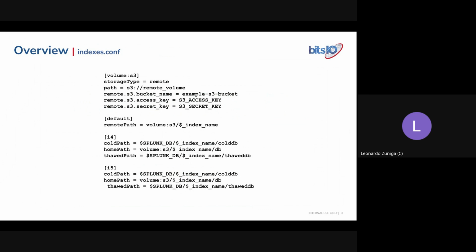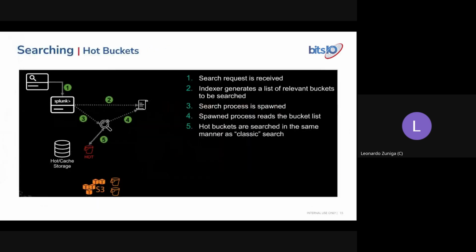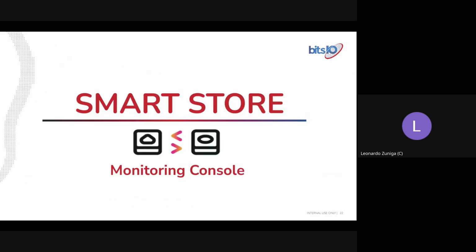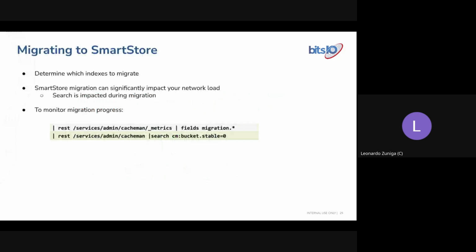But what if we don't want to enable it globally? Well, that is when we can plan to have a list or determine which indexes are going to have this solution, right? So we can enable SmartStore by index and not all across the indexer cluster.